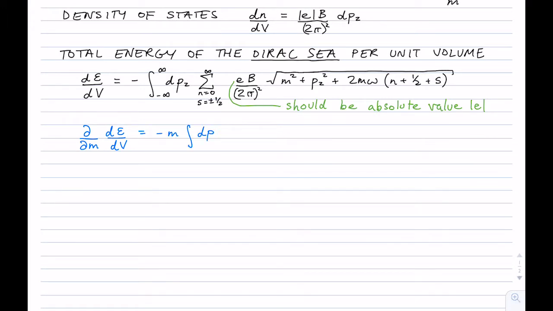Now that I've written the limits of the integral, I don't have to write it out every single time. Now I've got the mass term in the denominator, and I want to regularize this with a standard integral.